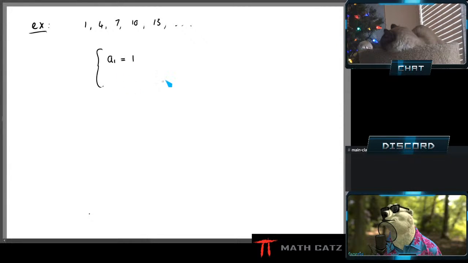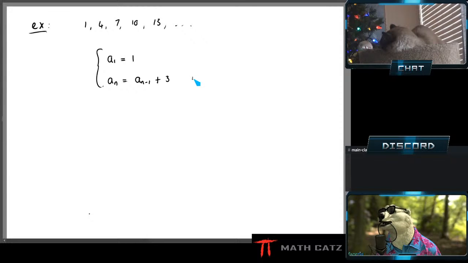And then I need to give a more general instruction for how to go from one to the other, or in other words, how to find the term in a general position. Could be the second one, could be position 2, could be way deeper into the sequence. But always I would find it by taking the previous one, the position 1 before, and adding 3.